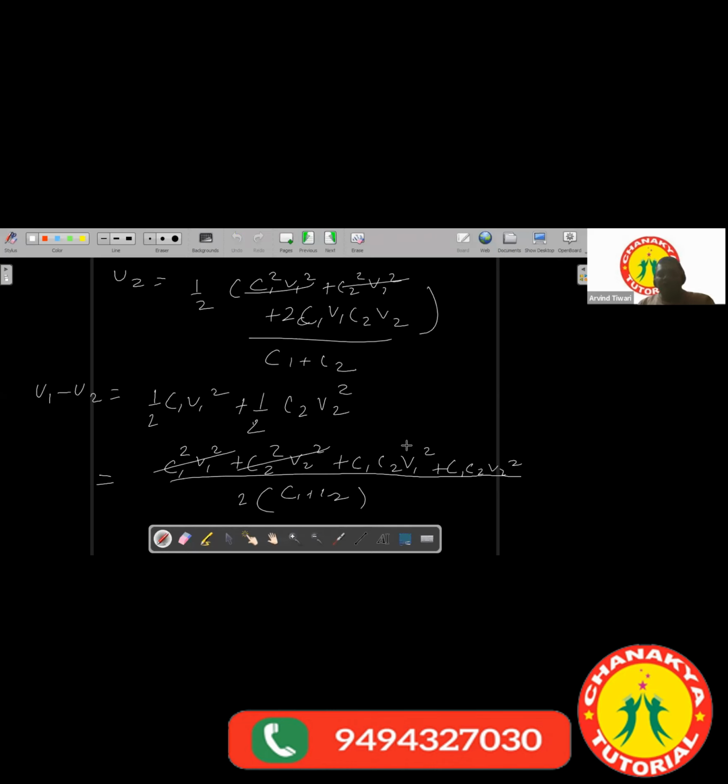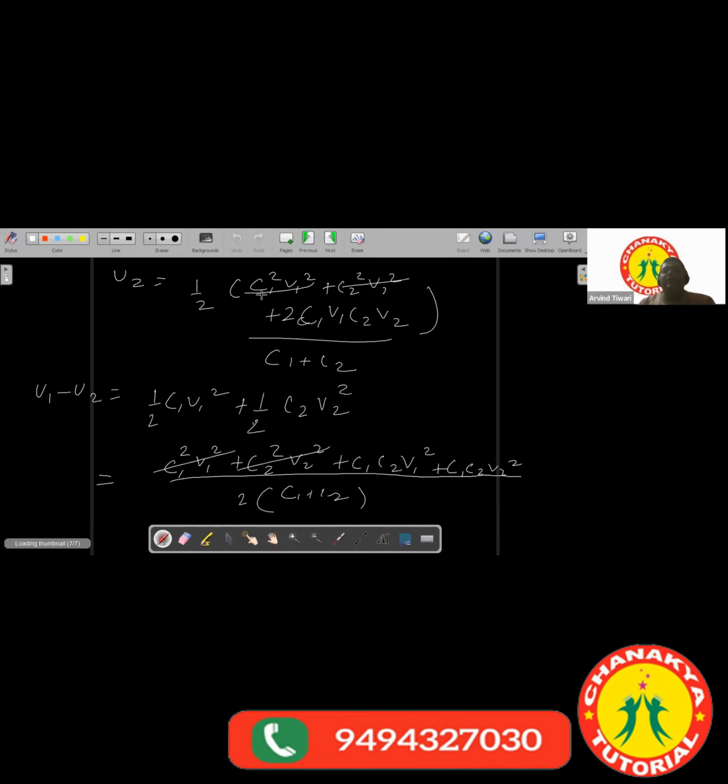You can take C1 C2 common, so you will get V1 squared plus V2 squared, and minus of 2 V1 V2.